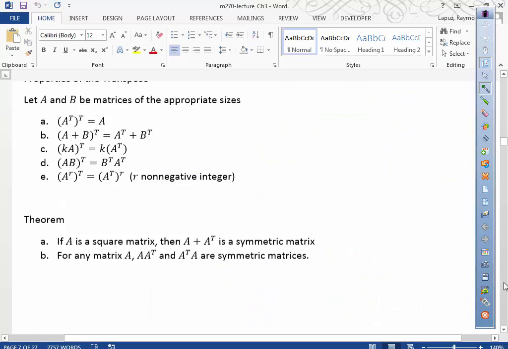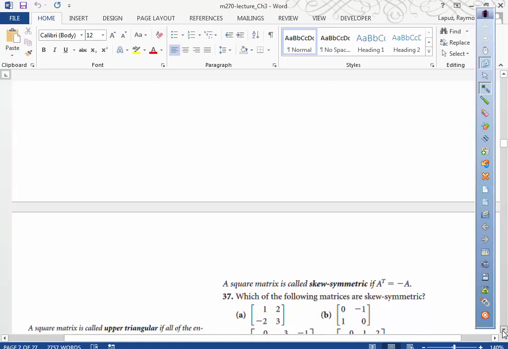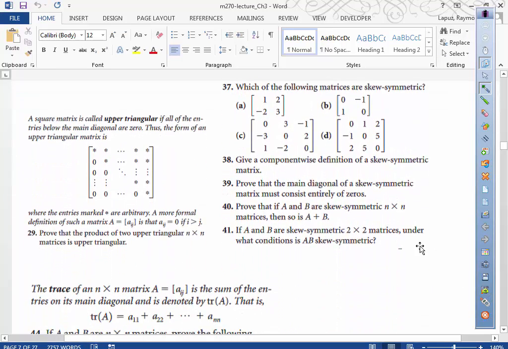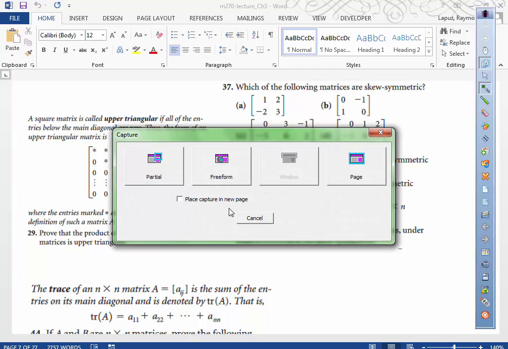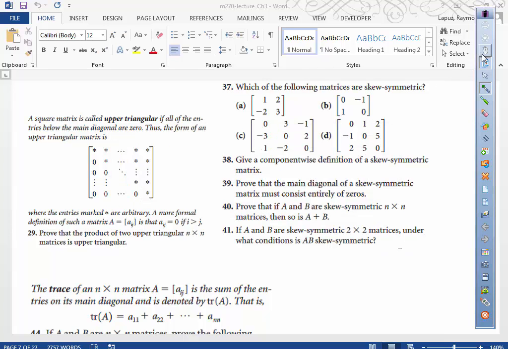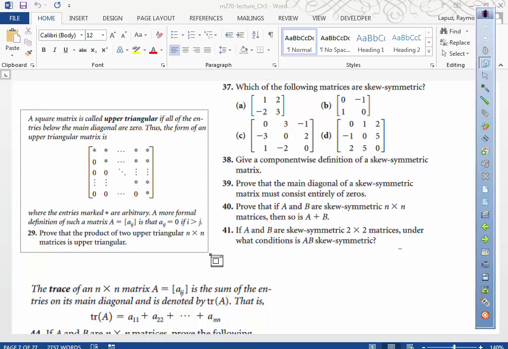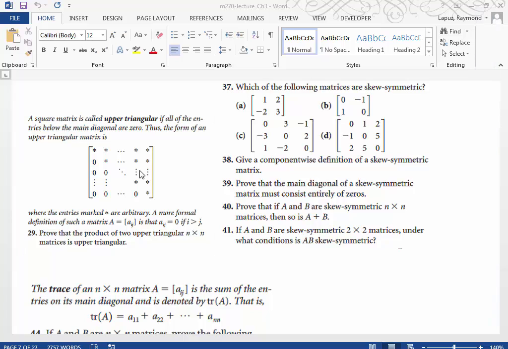So let's take a look at some of those other properties. I remember vaguely talking about an upper triangular matrix.